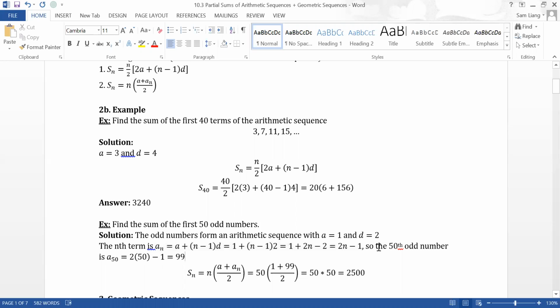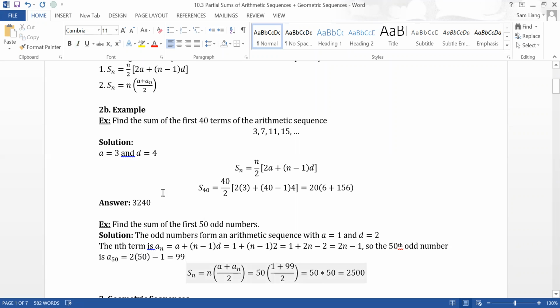Well, I guess I technically could have just solved for the 50th odd number. I think that would have been easier actually. But yeah, here we have this formula, so let's just use it now. So the 50th term, we plug in, n is 50. So we get 2 times 50 minus 1, which is going to be 99. Okay.